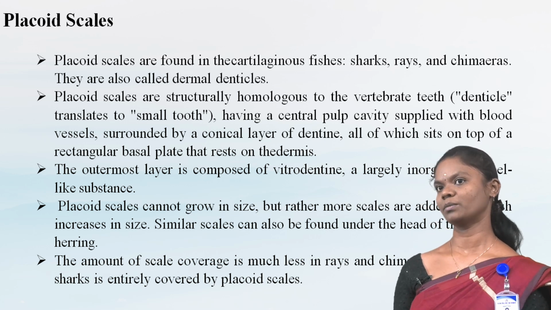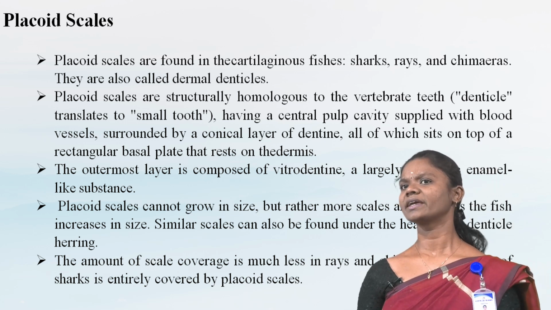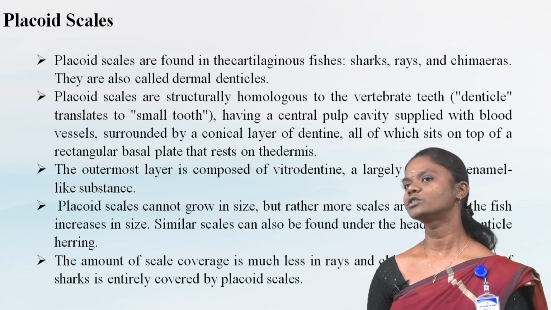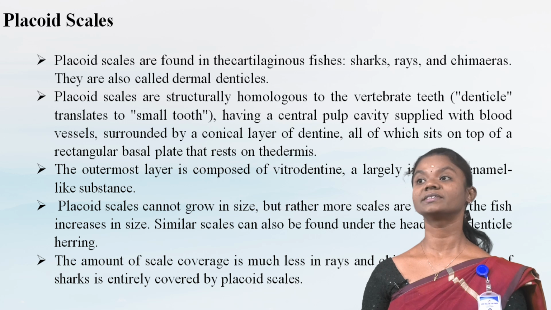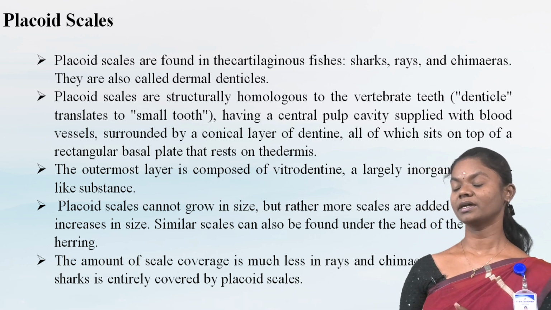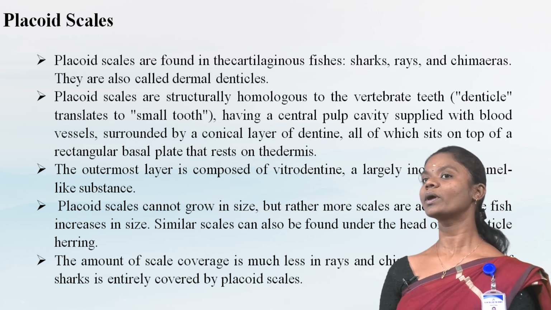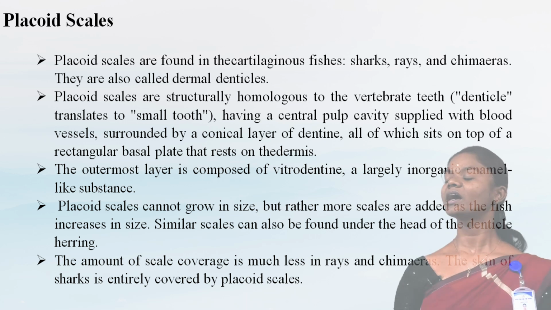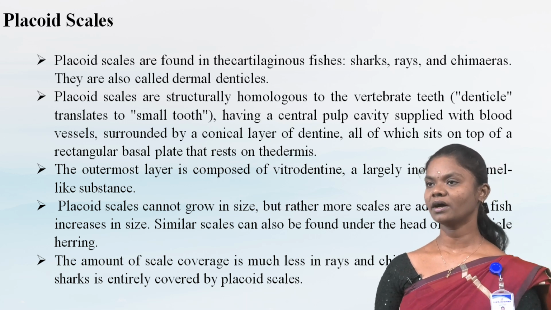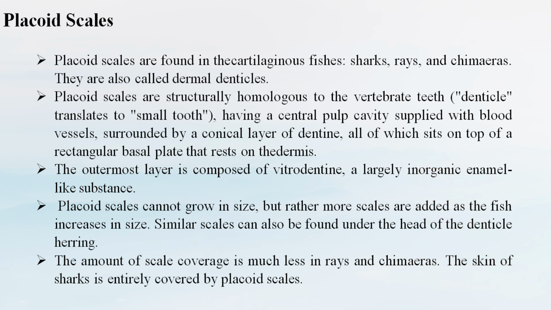rests on the dermis. The outermost layer is composed of vitrodentin, a hard inorganic enamel-like substance. Placoid scales cannot grow in size, but rather more scales are added as the fish increases in size. Similar scales can also be found under the head of the tentacled herring. The amount of scale coverage is much less in rays and chimeras.